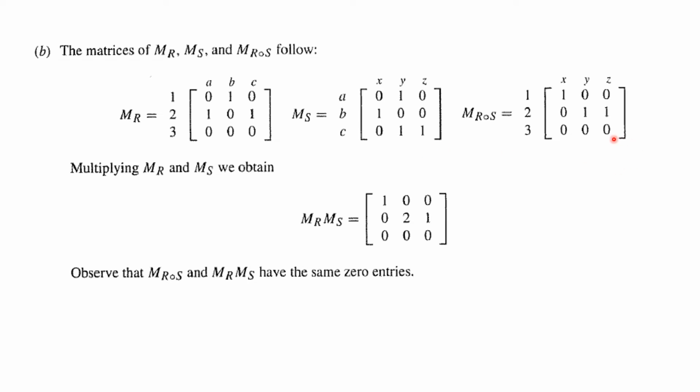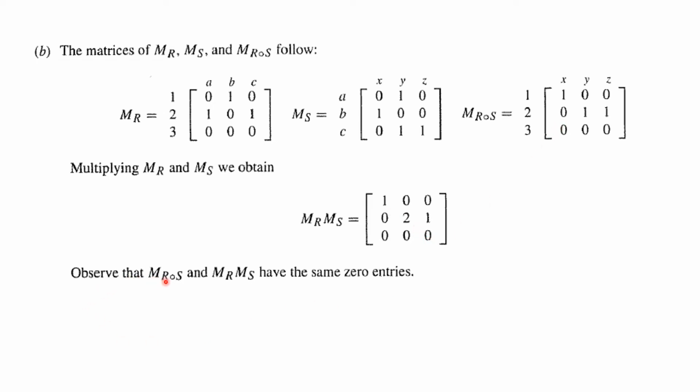If we multiply the two matrices together, this one times this one, and again the do-it-yourself review shows you how to do that, you get the matrix down here. Now you notice that it's the same as this, except the 2 pops up, but that means any place where there's a non-zero element, that does represent it.